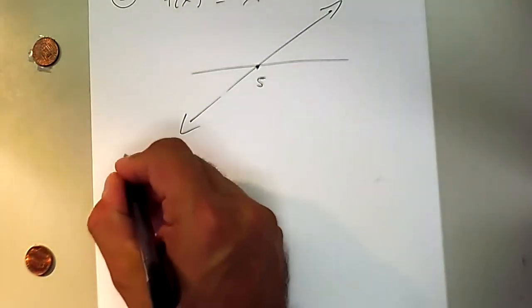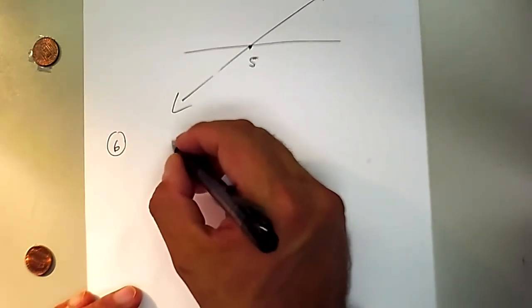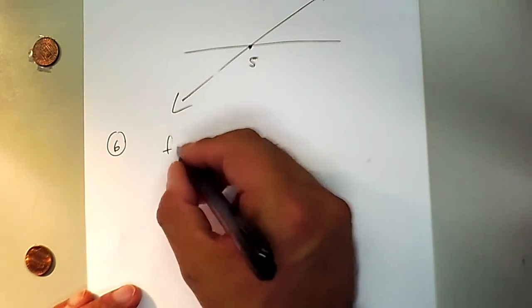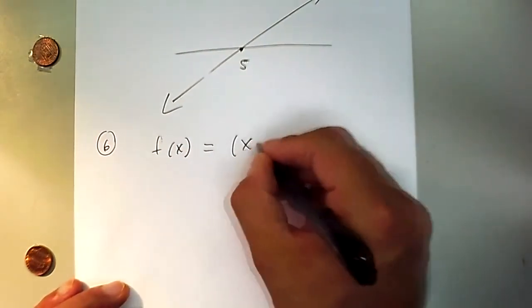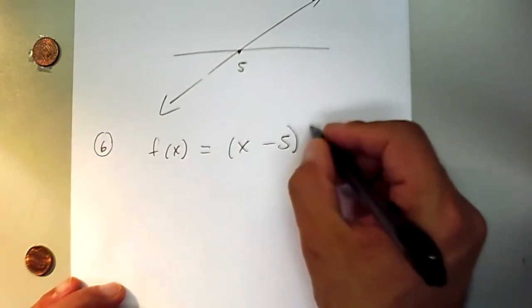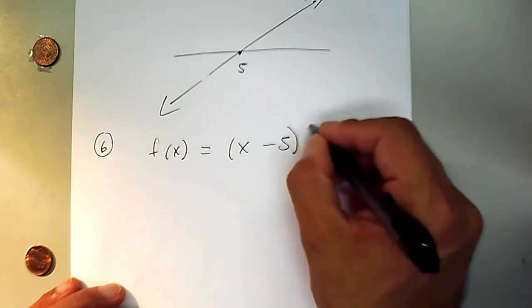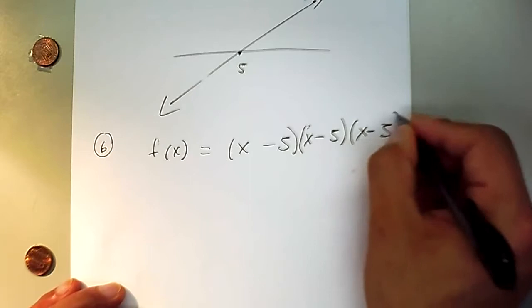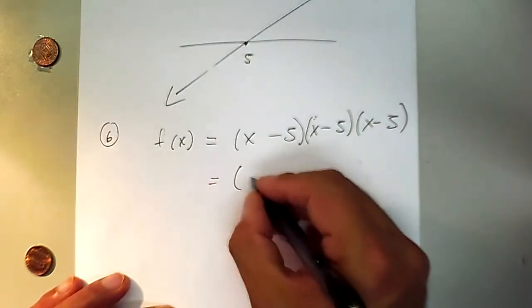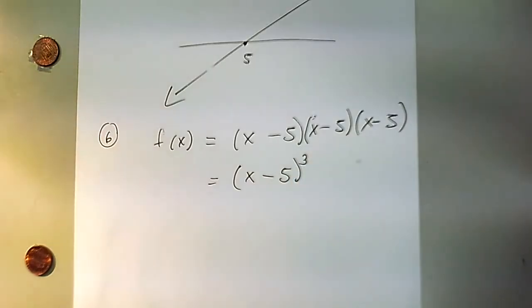Example 6. If you have 3 zeros that are the same, so x minus 5 times x minus 5 times x minus 5. So I'm going to write it as x minus 5 times x minus 5, which most of the time we write as x minus 5 with the exponent of 3.